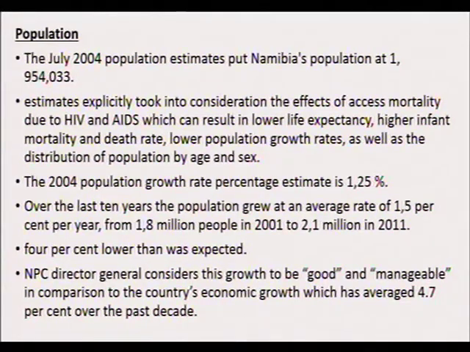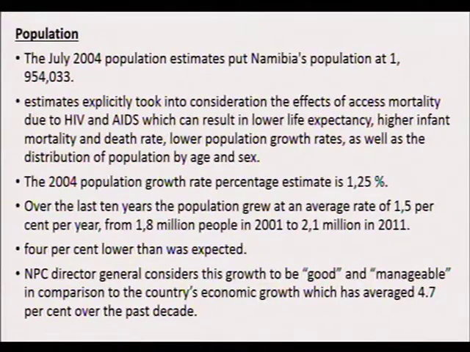These estimates took into consideration the effects of mortality due to HIV/AIDS, which results in a lower life expectancy. It also took into account higher infant mortality and death rate, lower population growth rates, as well as the distribution of population by age and sex.